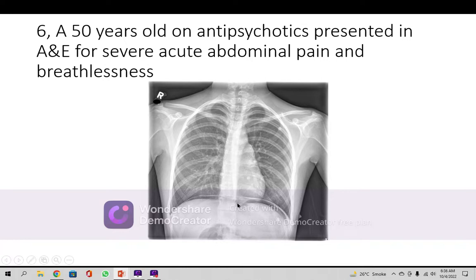And the management, of course, is surgical. It should be repaired at once. An immediate abdominal laparotomy should be done, and the perforation should be repaired.